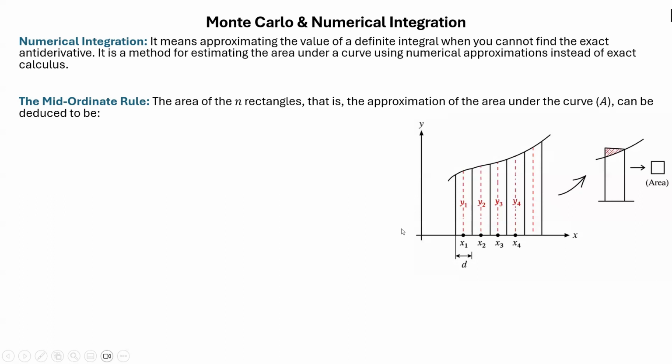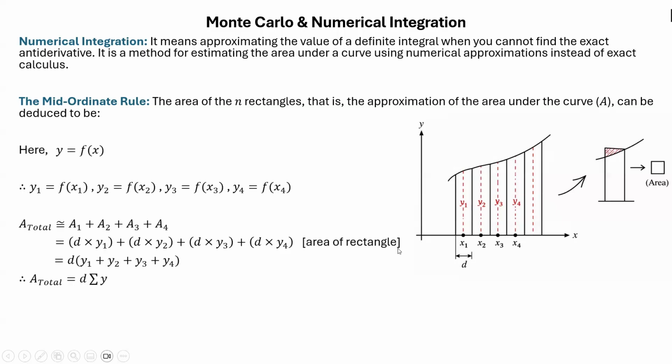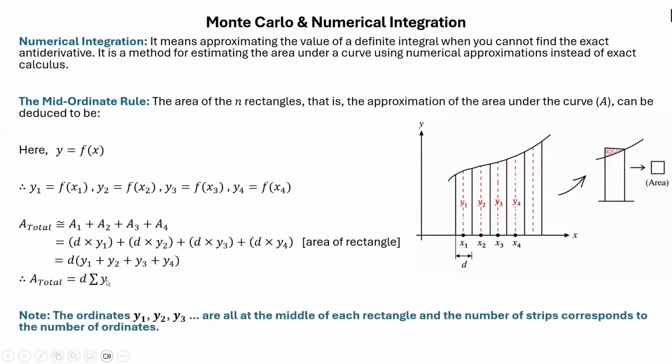So our total area is approximately A1, A2, A3, and A4, which becomes the width multiplied by the summation of all the heights. Let's take a note: the ordinates y1, y2, y3 are all at the middle of each rectangle, and the number of strips corresponds to the number of ordinates.